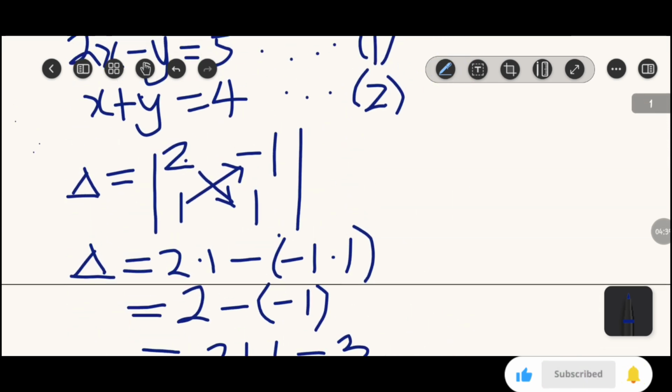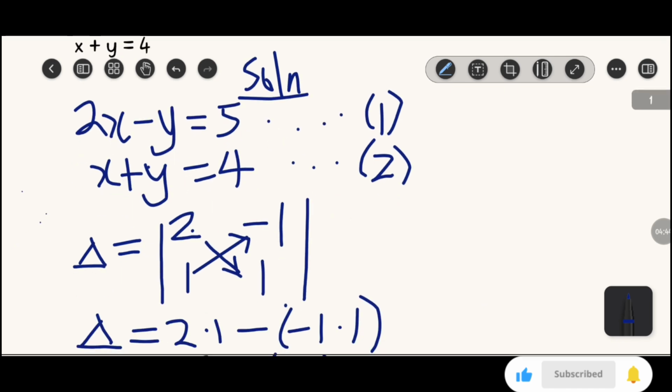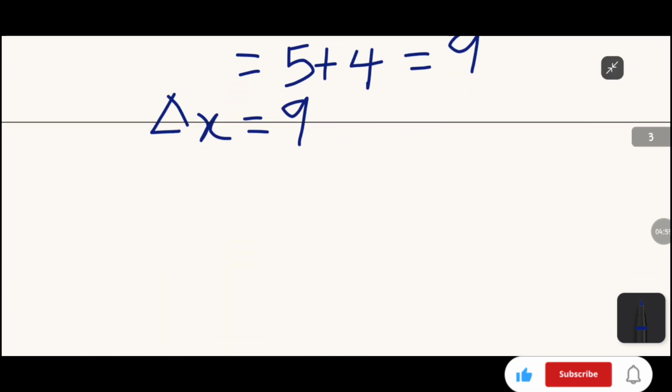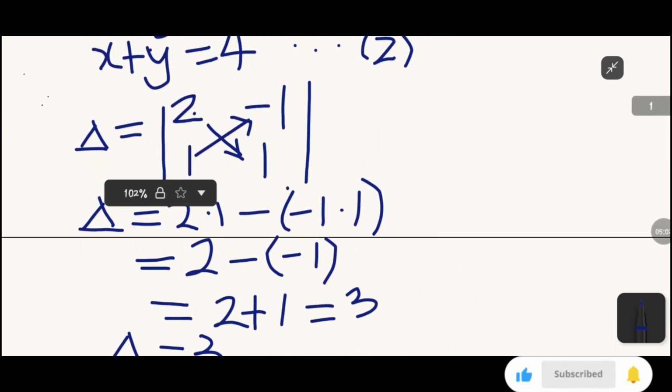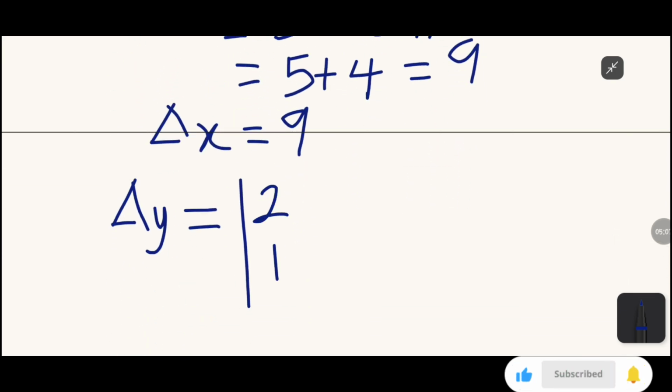Now we find delta y. Delta y is just us replacing the values of y with these right hand values. So delta y is the determinant with 2, 1, 5, and 4.